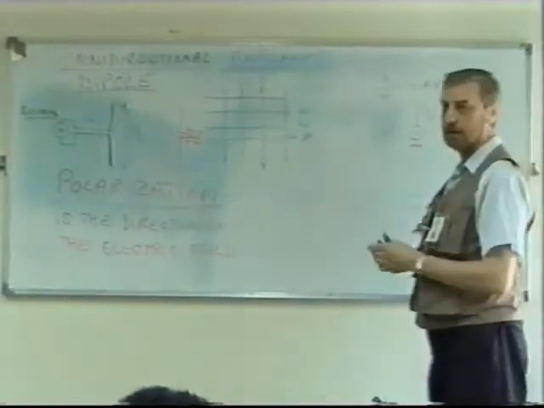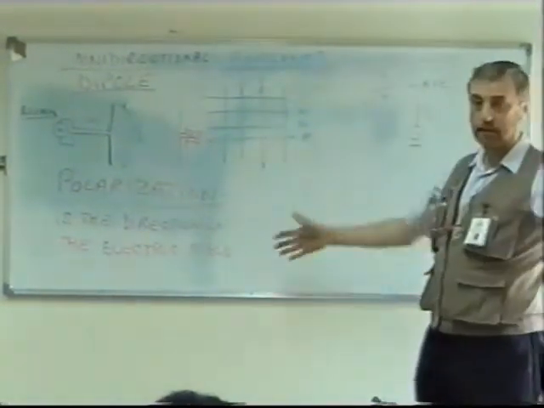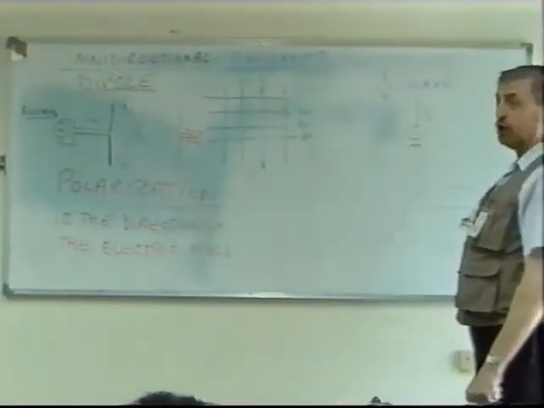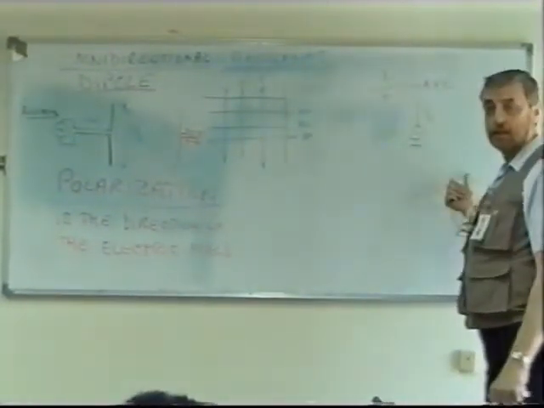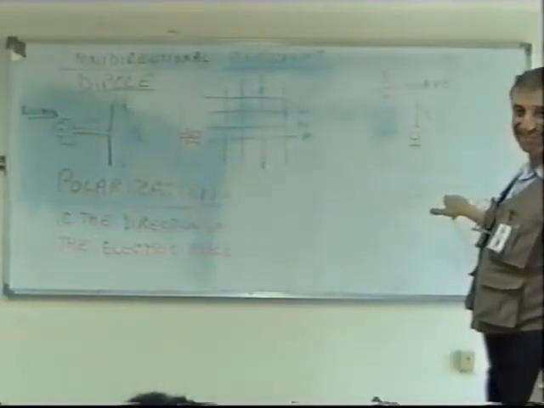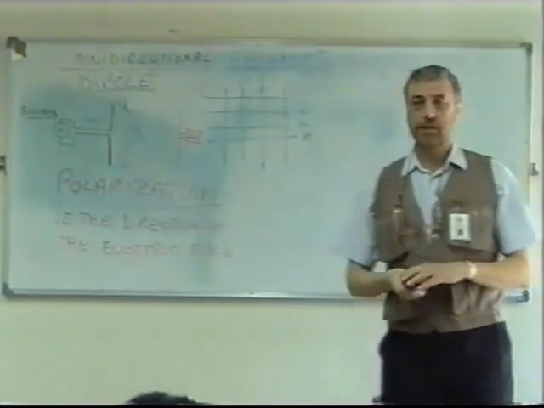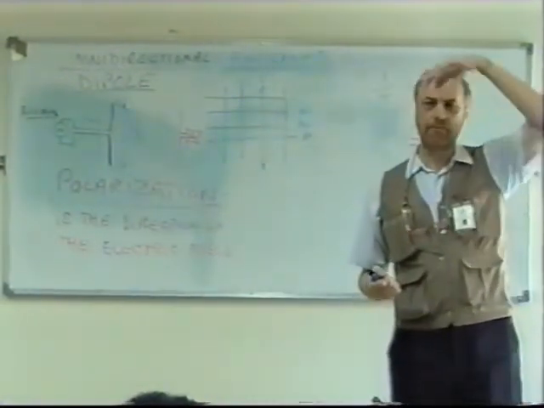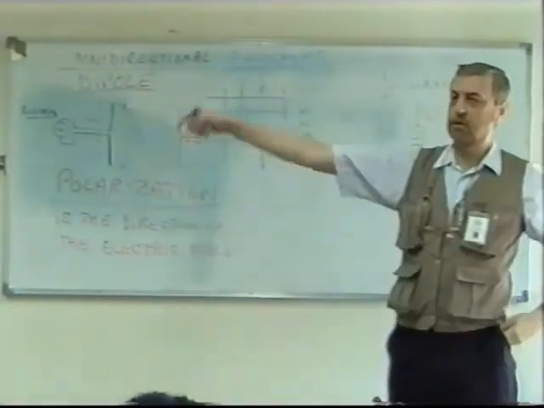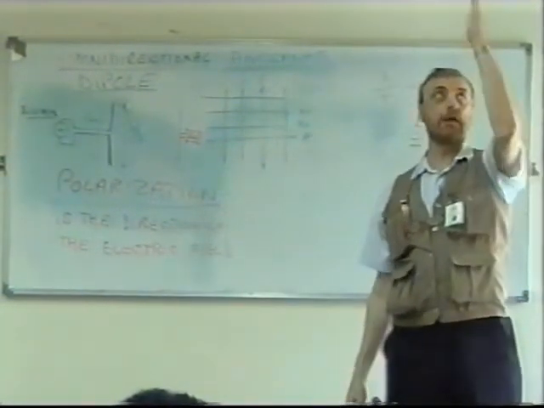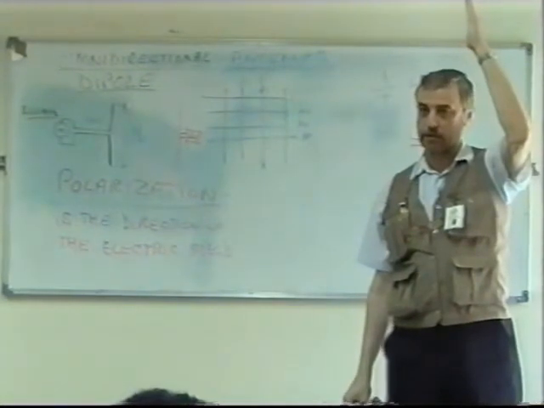Omnidirectional means literally including up and down, everywhere. You need an omnidirectional antenna on a car, obviously. And if you had a communication system where you wanted to communicate from this building to your vehicles that are going to go around the city, then you want your antenna up here to be omnidirectional.